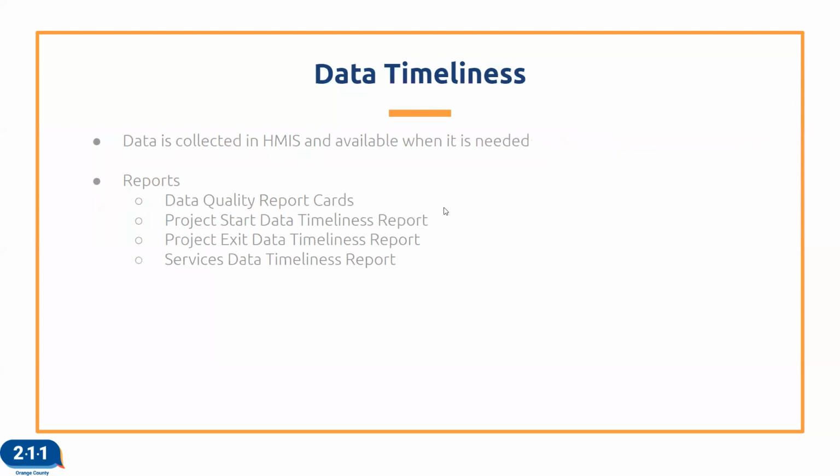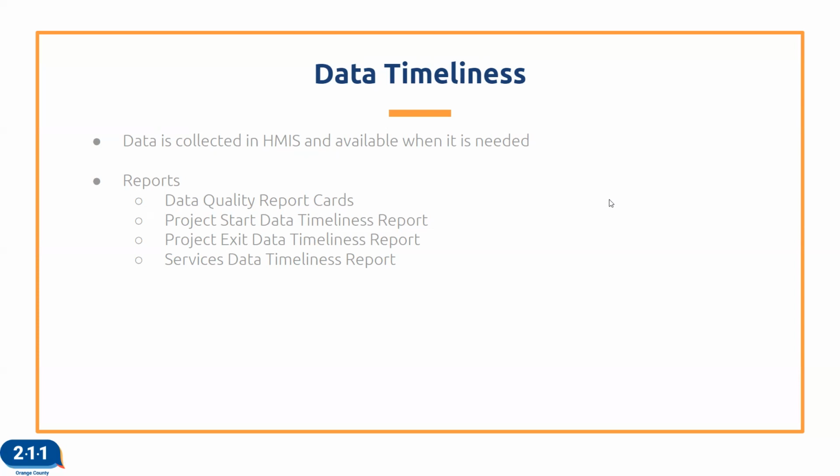The next component of data quality is data timeliness, which is that data is collected in HMIS and available when it's needed. The way we measure this is by looking at the number of days between the date the information was collected and the date it was entered into HMIS.